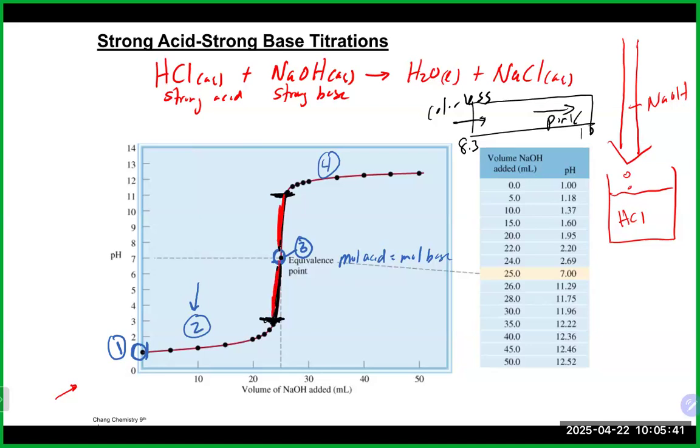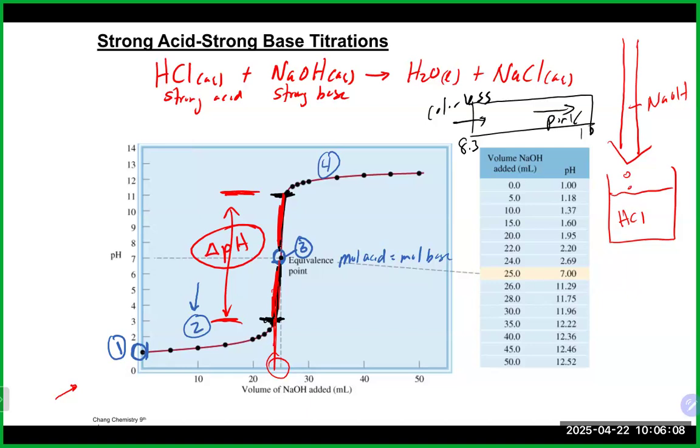It means that the volume here does not change very much. You can go anywhere along that red line, pretty much go straight down. The volume is essentially the same. So we're not changing a lot of volume at this point, but if you look at the difference in pH, we are changing a lot in terms of the pH. The pH will change a lot.